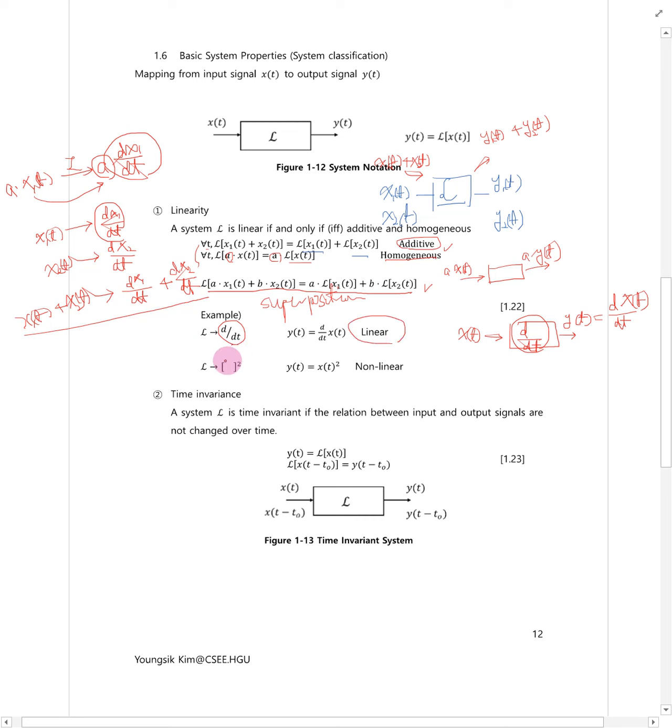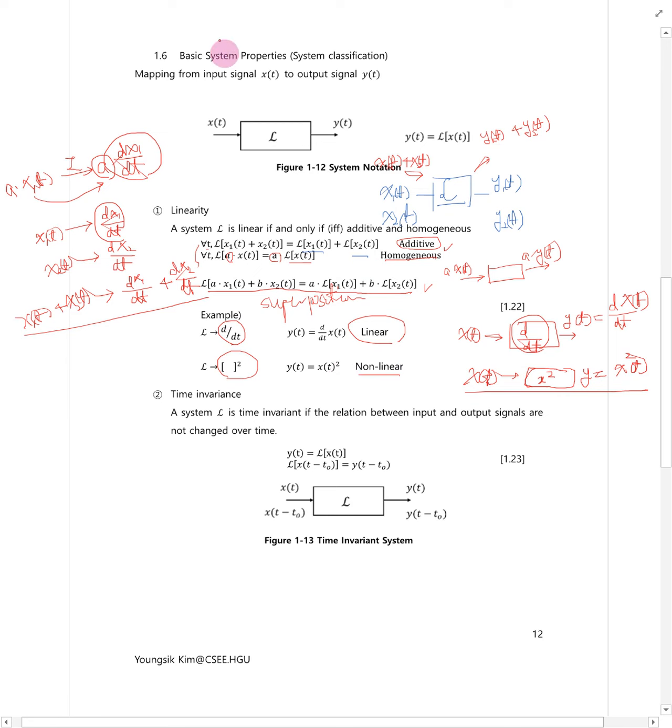You can try another system: if we apply x(t) to a squaring system, the output is x(t) squared. You can test additivity and scalability, and neither works. So this one is nonlinear.